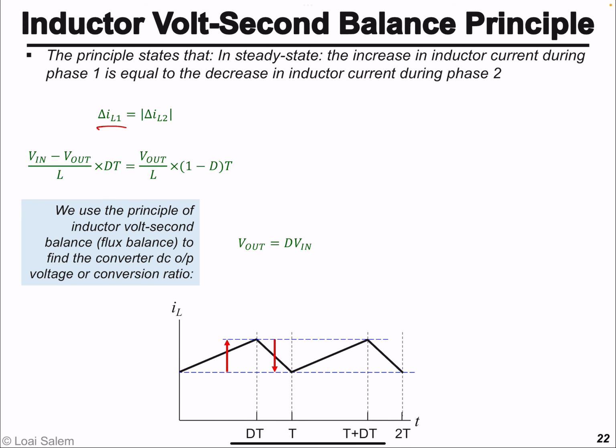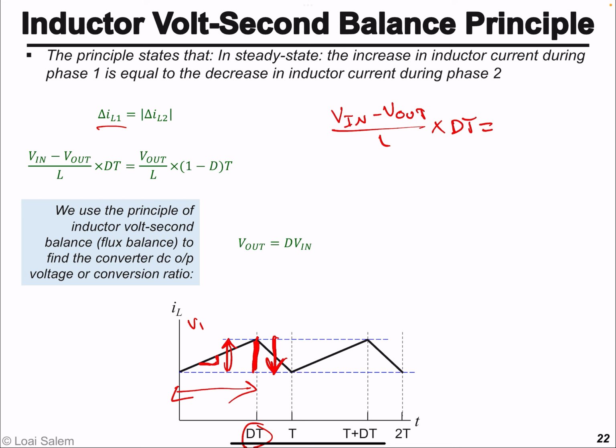So the increase of the inductor current in the first phase is equal to the decrease. The increase here, this value from the triangle, is equal to the slope of this line, which is, let me write here, Vin minus Vout divided by L, that's the slope, times this duration to get the y dimension, which is DT. This is the increase in the inductor current during the first phase, and it is equal to the decrease in absolute value.